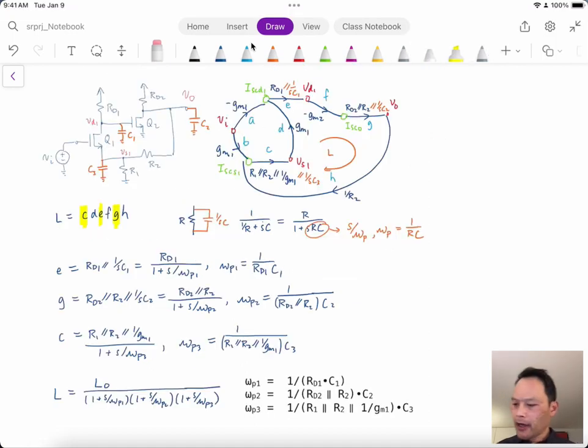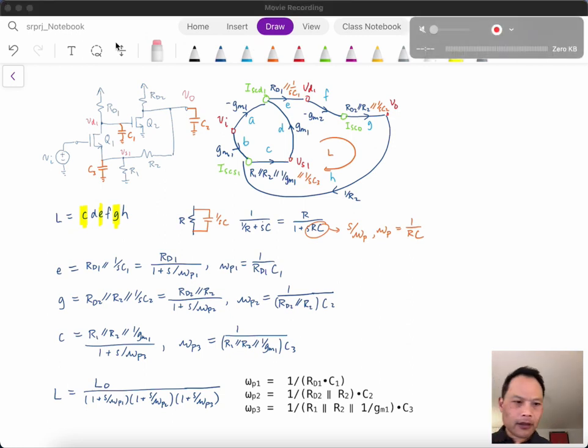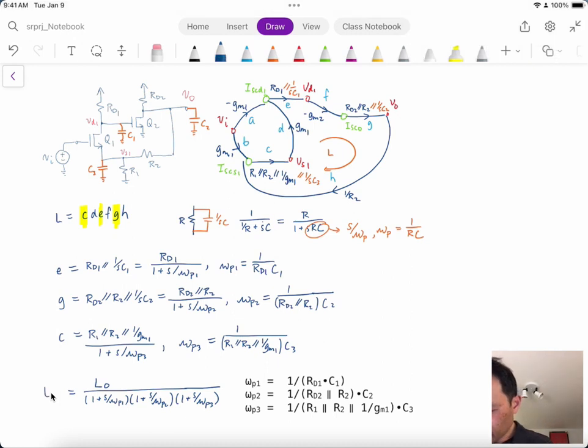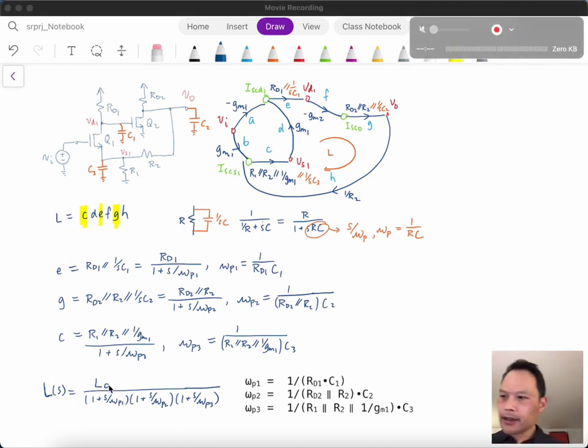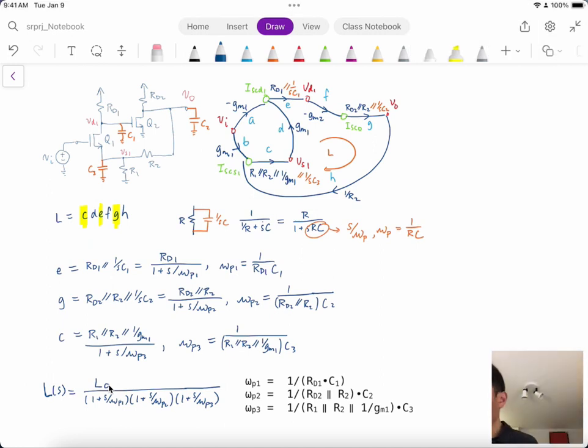So now we have the loop gain. It is a function of the frequency S, so it's L of S now. And the DC loop gain value we calculated before was 16.35, and then it drops.